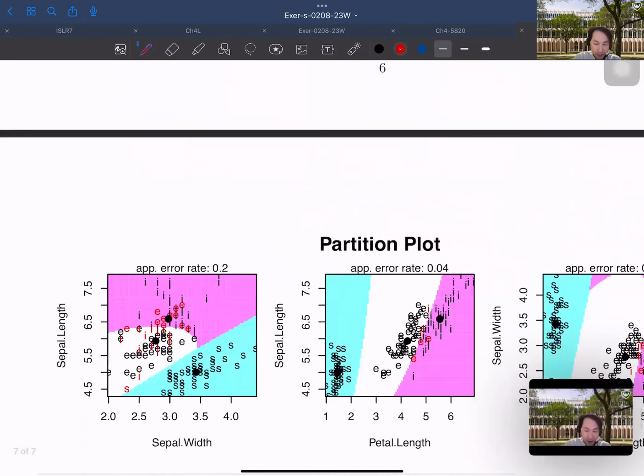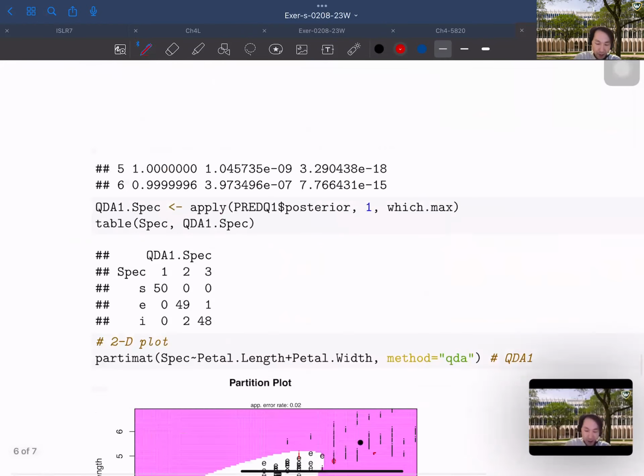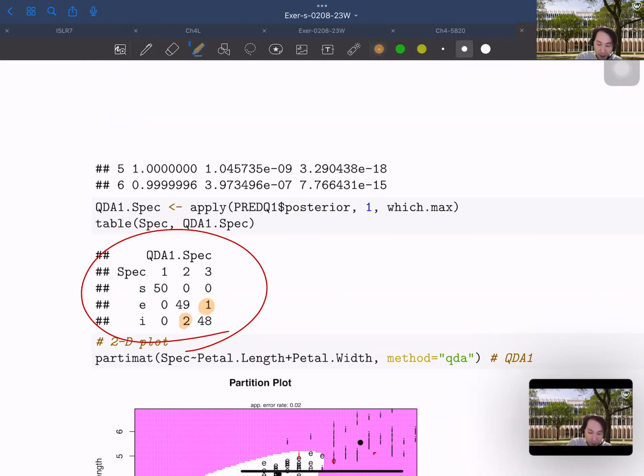For each method, you can make this kind of contingency table, and you can see that we can almost correctly identify the groups. For QDA, out of 150 observations, only 3 observations are misclassified.